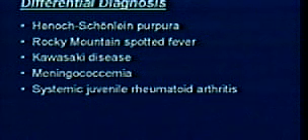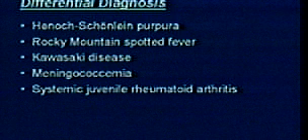Rocky Mountain spotted fever can also start as a rash on your ankles. You need to be thinking of another rash that can start on the ankles and spread up, and that would be meningococcemia. So you have 3 in your differential diagnosis that start on the ankles and cause purpura or petechiae on the extremities.